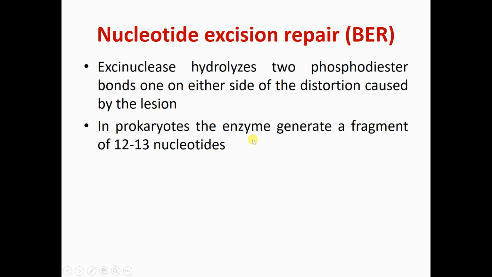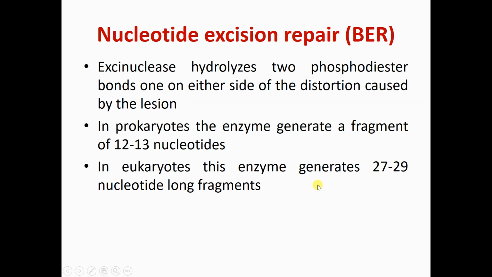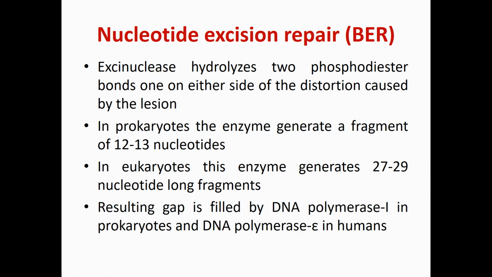In prokaryotes, this enzyme will generate a fragment of around 12 to 13 nucleotides which is removed, while in eukaryotes it generates a somewhat longer fragment, 27 to 29 nucleotides long, removed by this excinuclease enzyme. After this portion is removed, a gap is present.